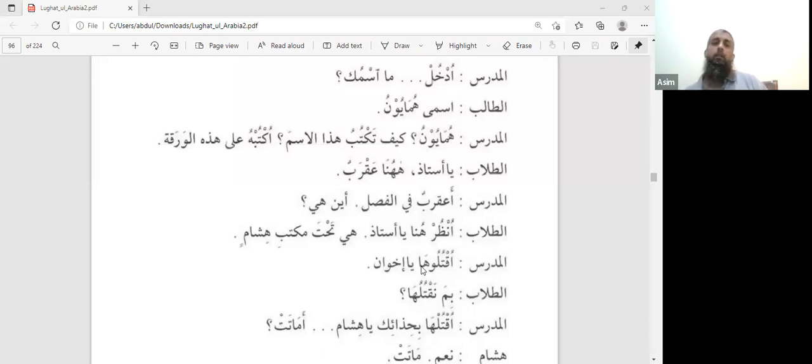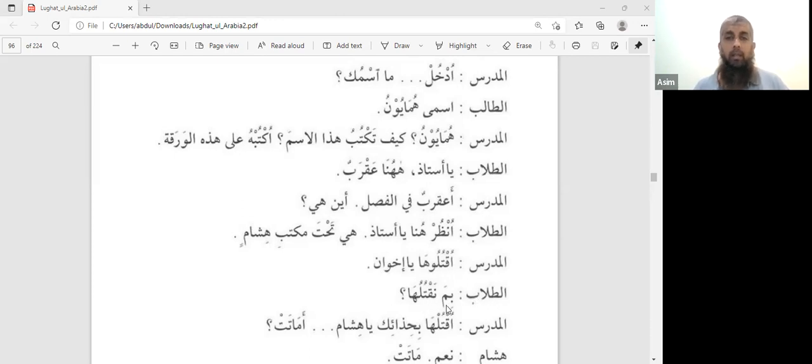But a word like scorpion doesn't end with ta marbuta. There are a few words like this, feminine words, which we need to learn. So we see the teacher saying, Uqtuluha, kill it. The ha here refers to the scorpion. Kill it, ya ikhwan, or brothers.